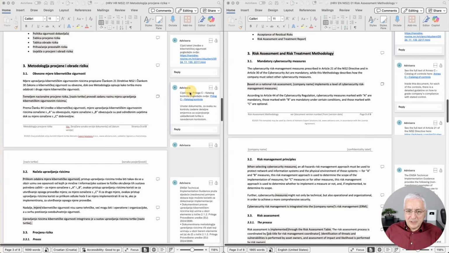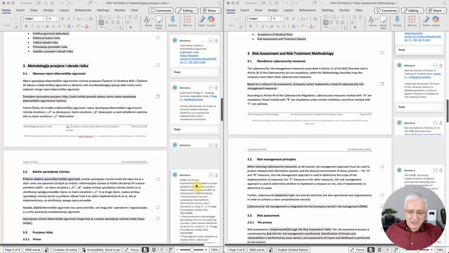And here, when you take a look at this comment, it basically says that you can find this list of controls from this Annex C here. And by the way, here you can also see some requirements or suggestions from ENISA technical implementation guidance. And by the way, if you want to take a look at a video which explains exactly how to fill out this document, below the video you'll find the link for this other video.